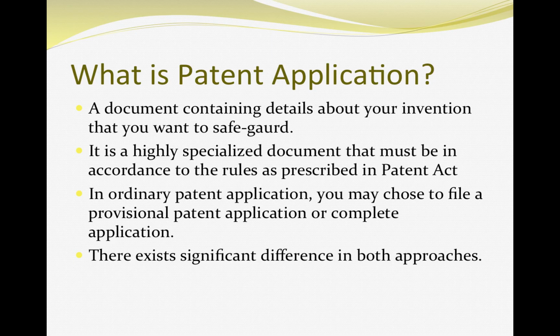Or there might be a chance that he wants to try for its invention before filing for the complete application. So provisional patent application is basically a patent application that just gives you a brief overview about the invention.